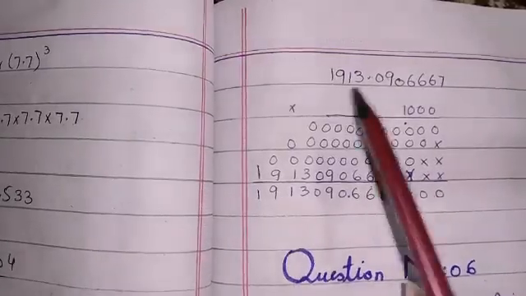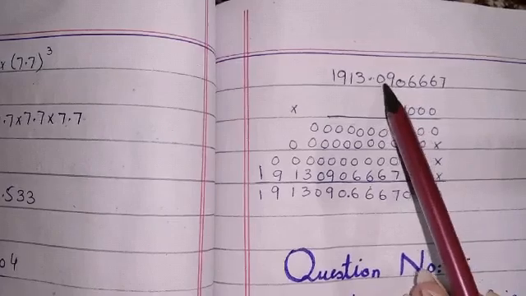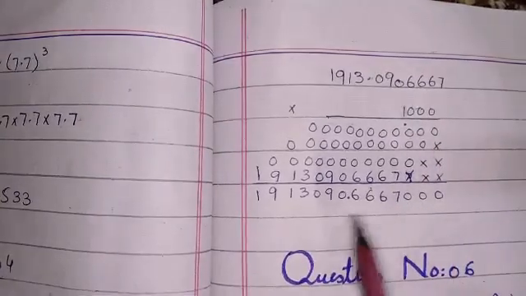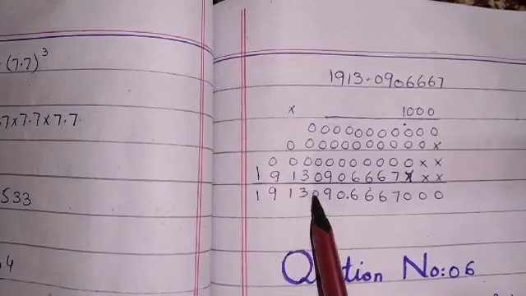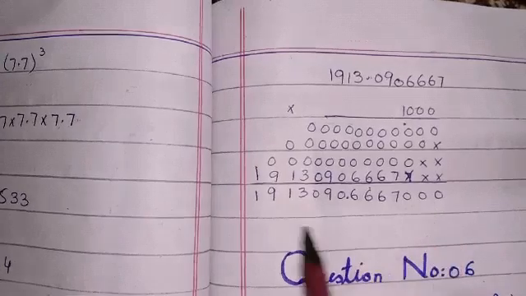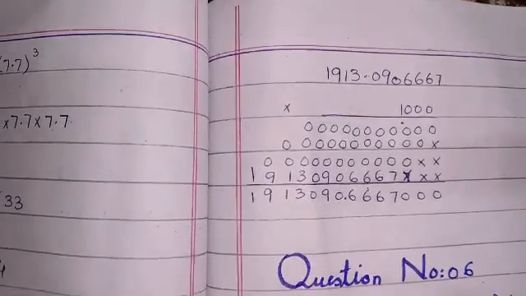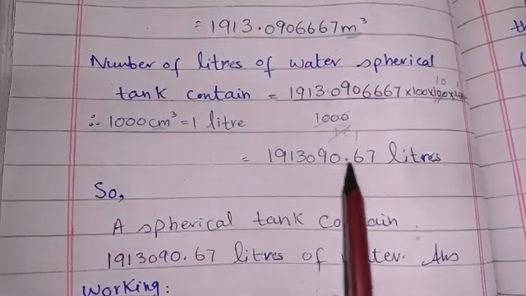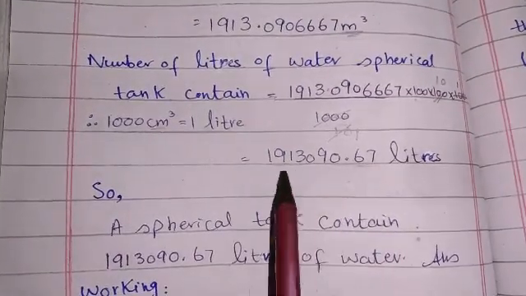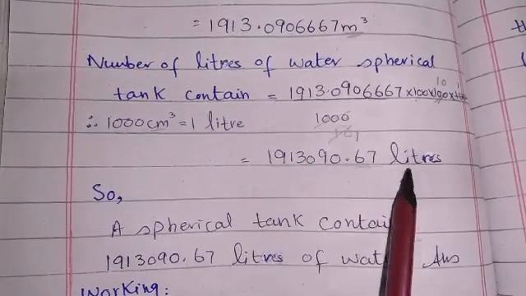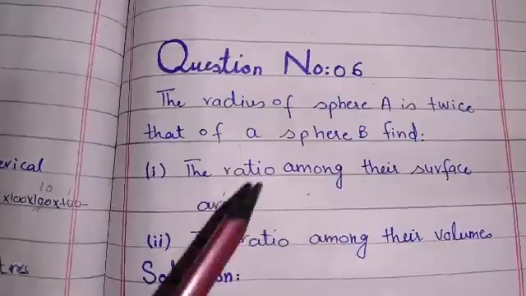And students, when we multiply 1913.09066667 into 1000, we got our answer 19139090.666700. Students, as you can see, we have rounded off our answer up to 2 decimal places. So the answer is 191390.67 liters.